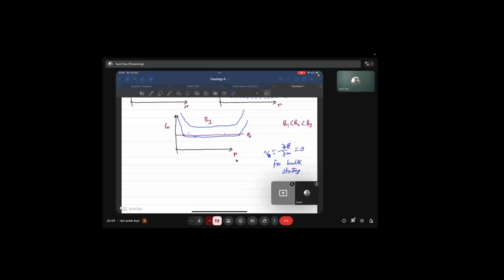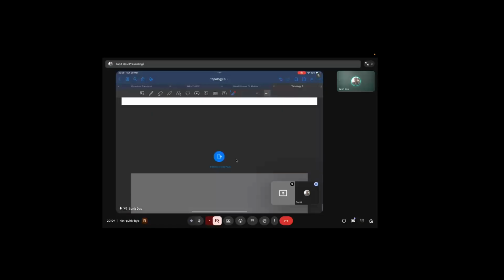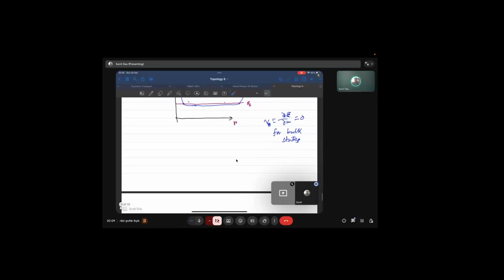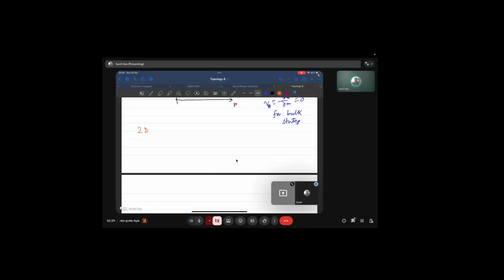So this was the story of the quantum Hall effect. There are four things needed to understand the quantum Hall effect. I'll just say this and finish today's lecture. You need a 2D electron gas, which can be a free electron gas, or graphene is also included.